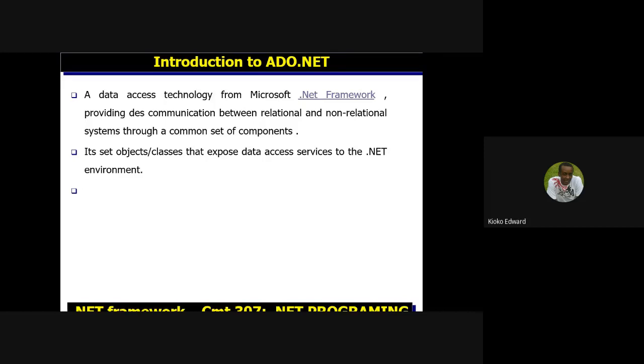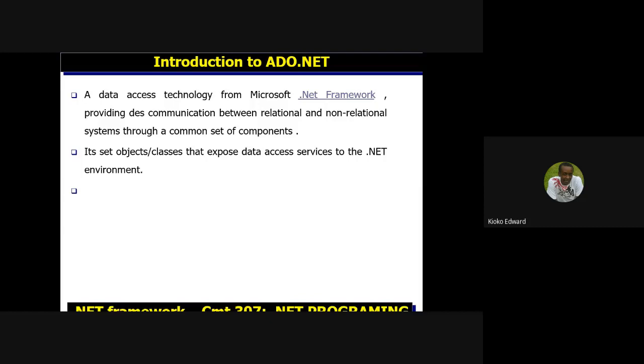So we simply say that the ADO.NET framework is a technology from the Microsoft .NET framework that will provide a developer or programmer with communication between your .NET application and either a relational or a non-relational data source.